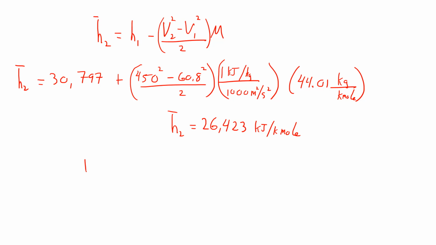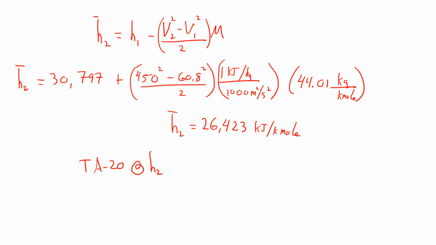And then from table A20, for a value of H2 of 26,423 kilojoules per kilomole, you can find that the corresponding temperature for T2 would be 685.8 Kelvin.